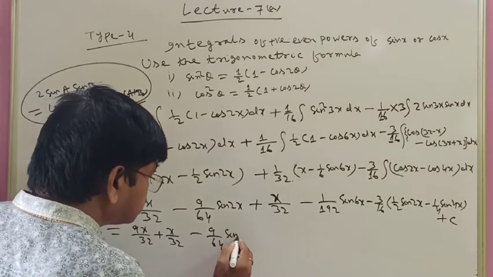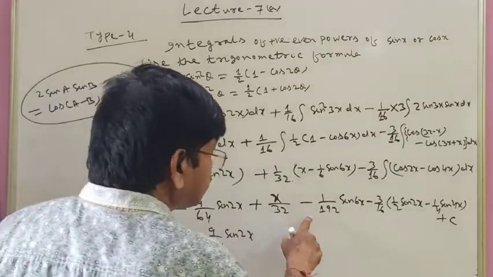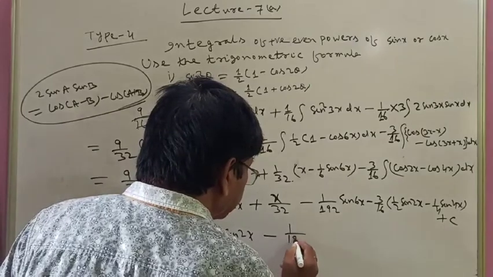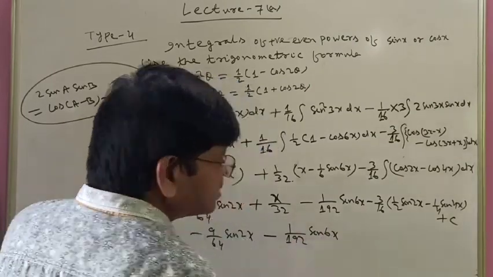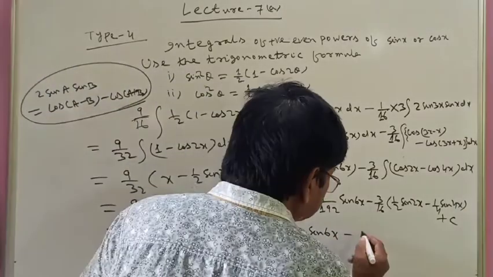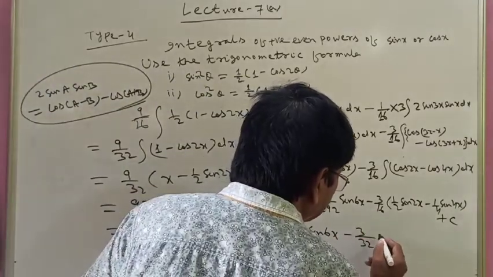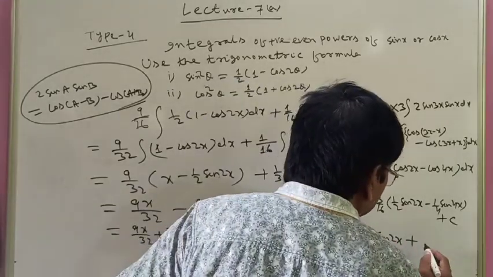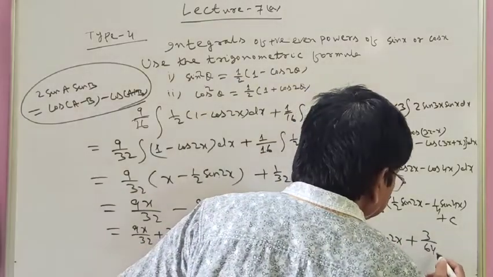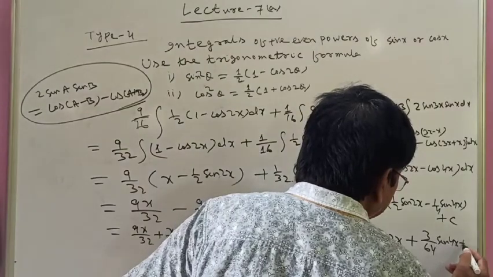So 9 by 64 sin 2x minus 1 by 192 sin 6x. This one if you multiply becomes 3 by 32 sin 2x. And this becomes minus minus plus, so 3 by 64 sin 4x.